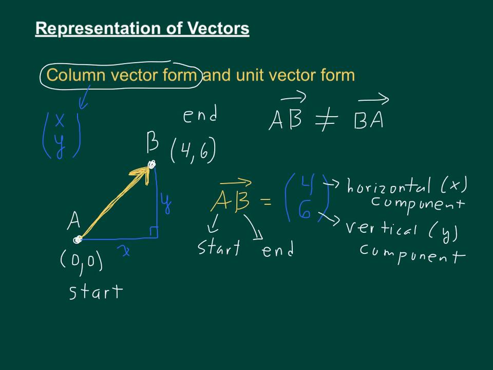Okay, so if we were to find the magnitude of this vector, the symbol for this is an absolute value symbol. So if I take my vector AB and put it inside of the absolute value symbol, that again is just a symbol for its magnitude or its size.